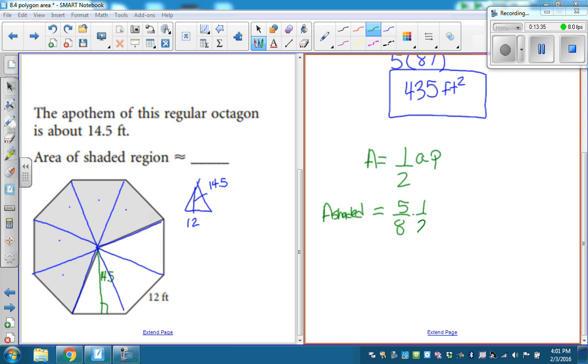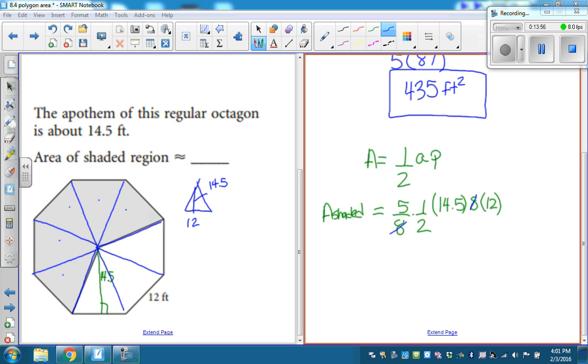I don't prefer this way, but it will also work. My apothem is 14.5, and my perimeter is 8 times 12. So that seems to me to be a lot more work, but it is a good opportunity to practice.